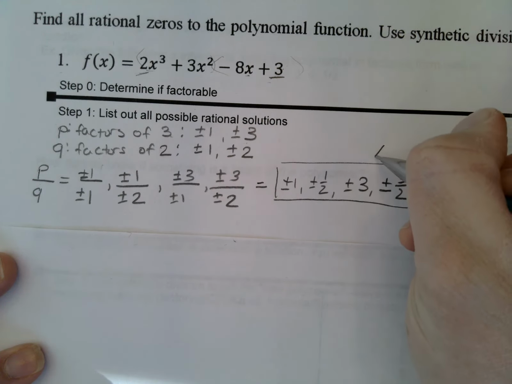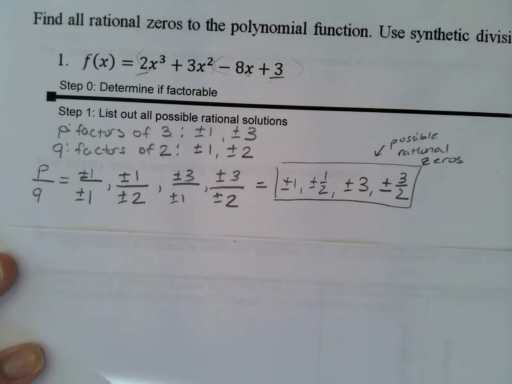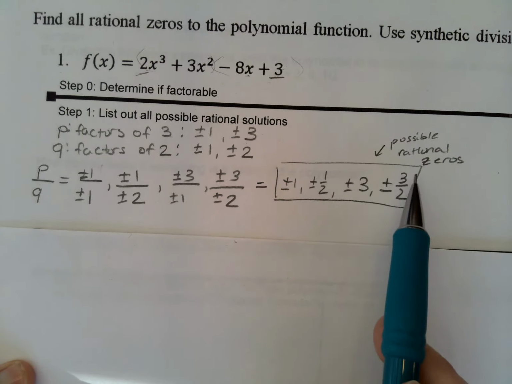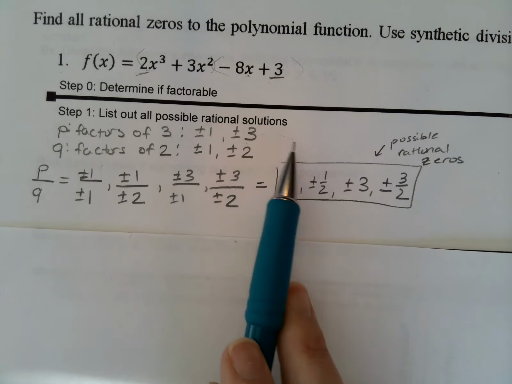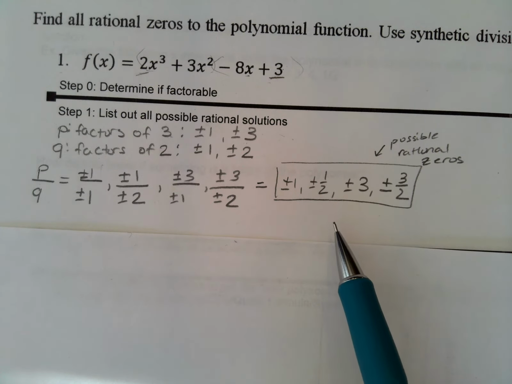This is your possible rational zeros. There will be questions physically on your quiz and test, I'm telling you right now, that just say list out all possible rational solutions. If that is the question on your piece of paper, this is your answer. Okay, these are all the possible.